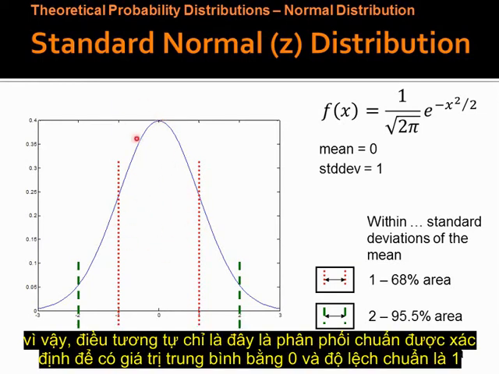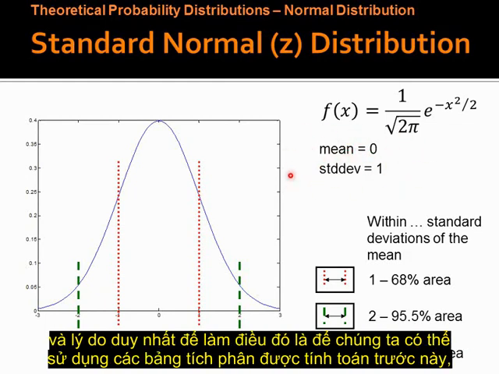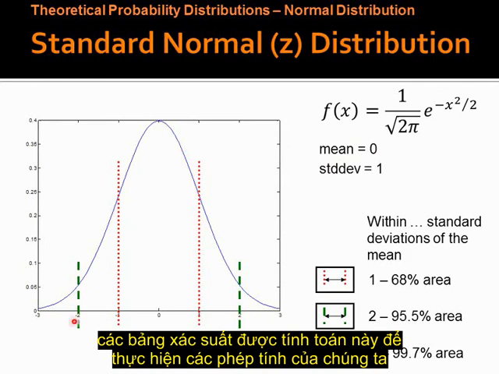It's the same thing, just that the standard normal distribution is a normal distribution defined to have a mean of 0 and a standard deviation of 1. The only reason for doing that is so that we can use these pre-calculated integration tables, these pre-calculated probability tables, to do our calculations.